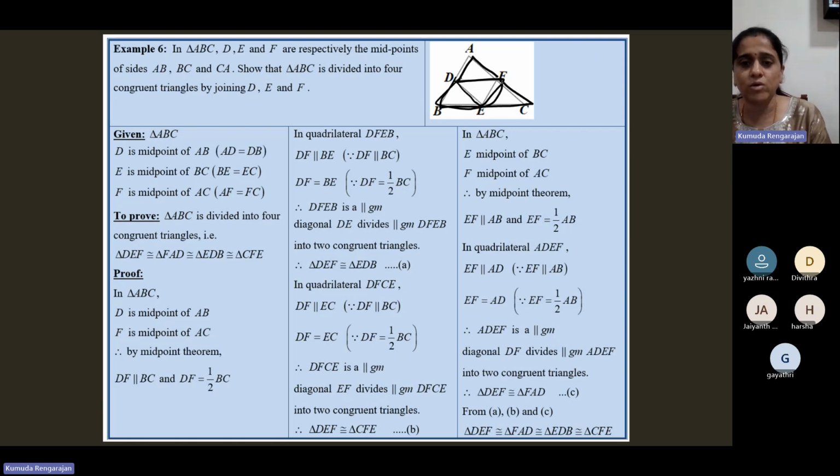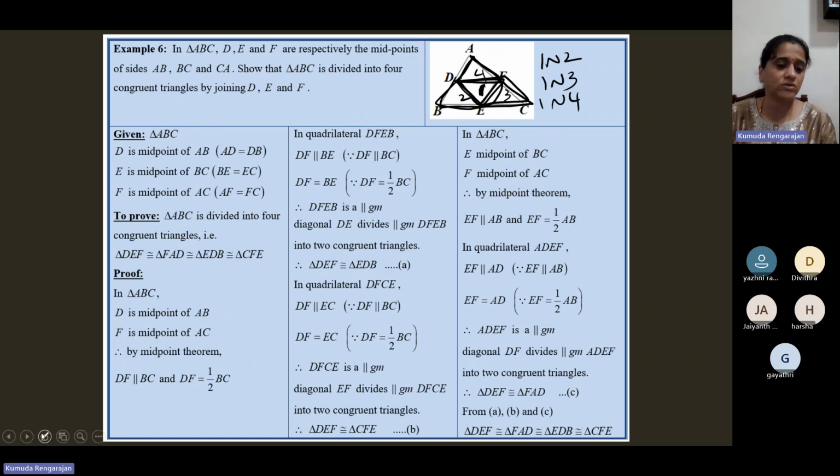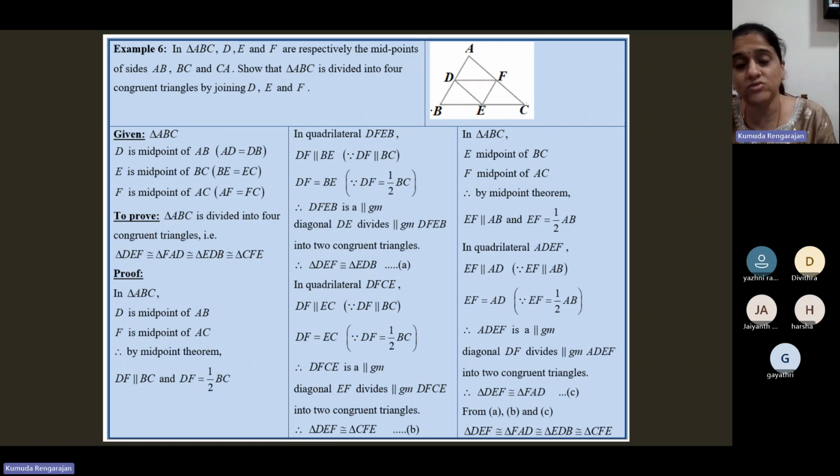In this parallelogram also you have this triangle, in this parallelogram you have this triangle, and in this parallelogram also you have this triangle. So here what we get is 1 is congruent to 2, 1 is congruent to 3, and 1 is congruent to 4. Which are the 3 parallelograms? This is one. This is a quadrilateral, which we have to prove is a parallelogram.